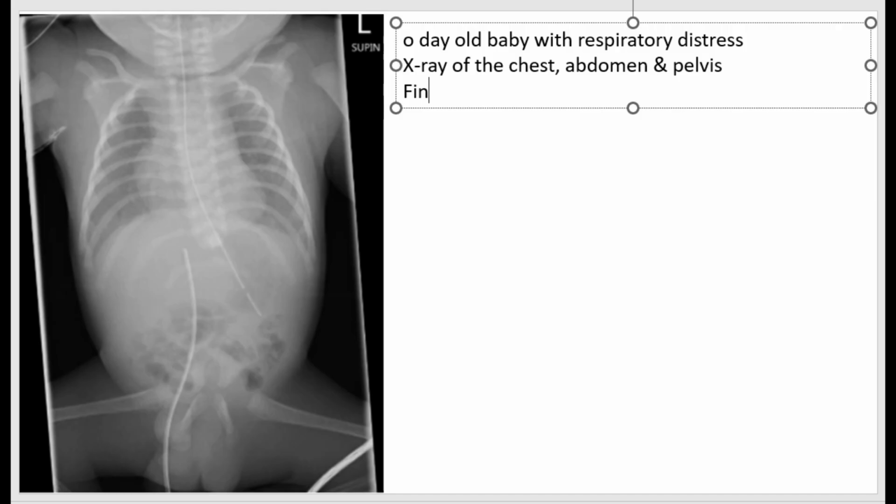So, findings here. First finding is, so can you see this? What do you think the abnormality here is?